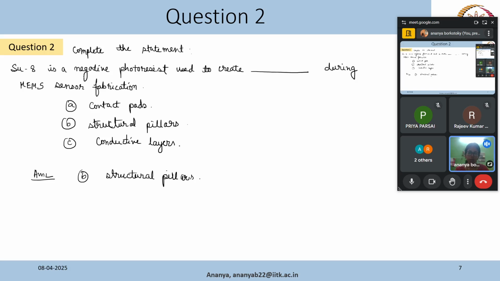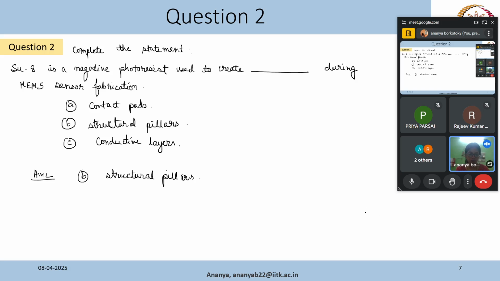So it is very good for structural support to create different structures, and it is transparent. It has a very liquidy consistency. We can easily spin coat it and control the thickness depending on the speed of rotation and duration. Because it becomes very hard, we can get very good structural support, or a good aspect ratio.